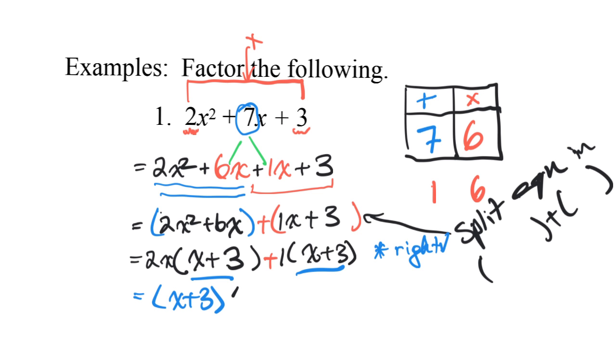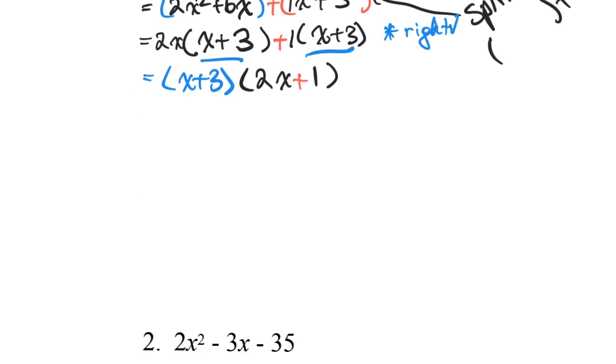And then in the second bracket, all we're going to do is put down whatever's left over from the previous line. So we end up with 2x plus 1 as our final factored bracket. So now let's go through some more problems and see if we make sense of it.